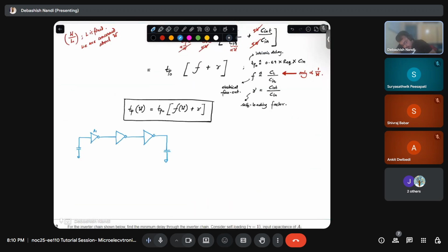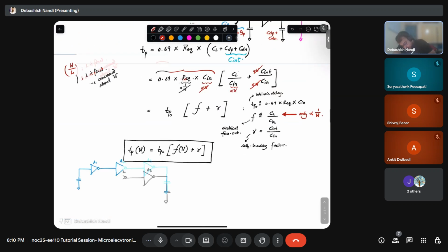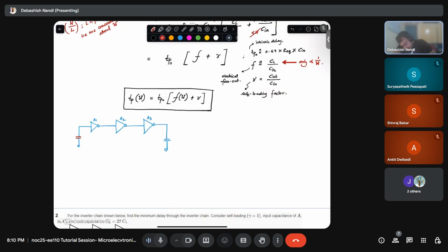This is your A1, A2, A3. If I model it using this model, I will see C input 1, C internal 1, again C input 2, C internal 2.